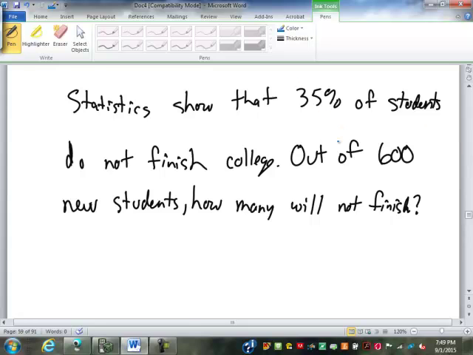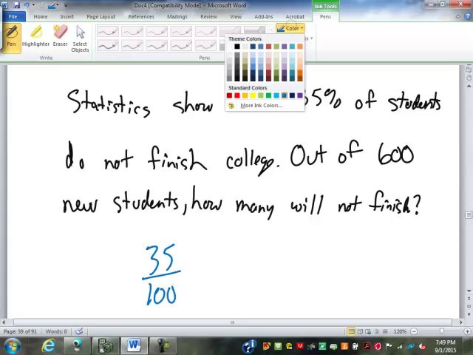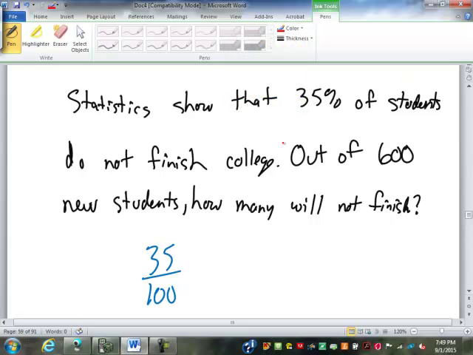We have the 35%. What does that 35% represent? Those who do not finish. So the 100 would represent all students.